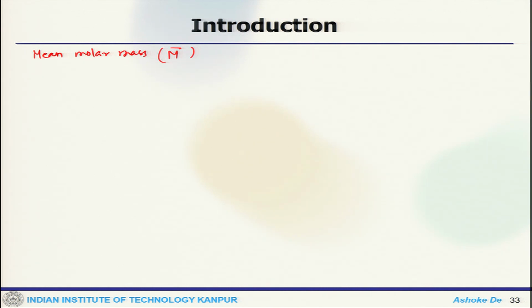The mean molar mass will be the summation of Xi times Mi, that is, each species' molar mass multiplied by its mole fraction, where S is always the number of species involved in the system.